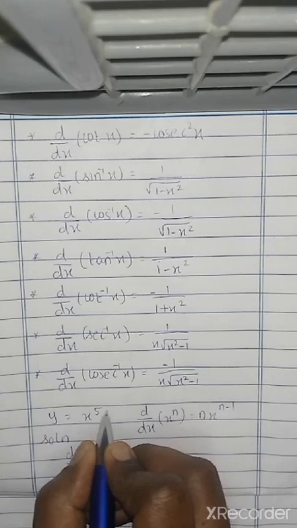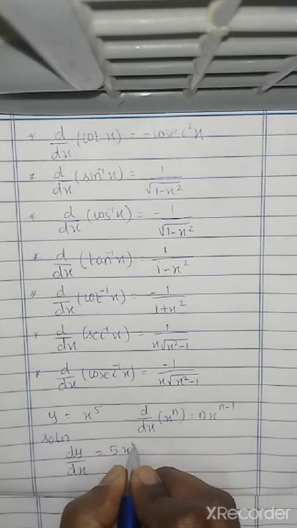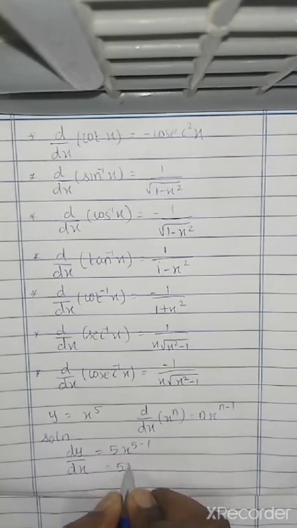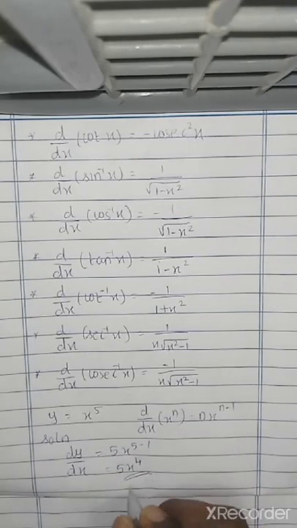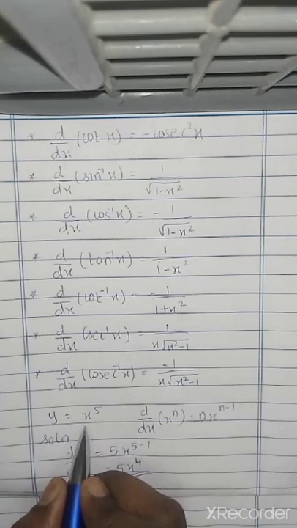We have to subtract one from the power. So 5 x power 5 minus 1. So the answer is 5 x power 4, which is the derivative of the function y equal to x power 5.